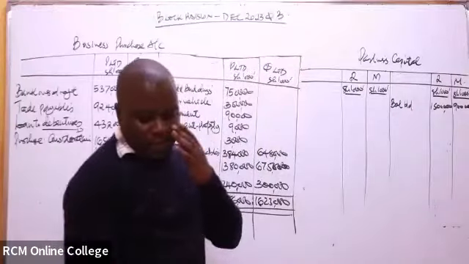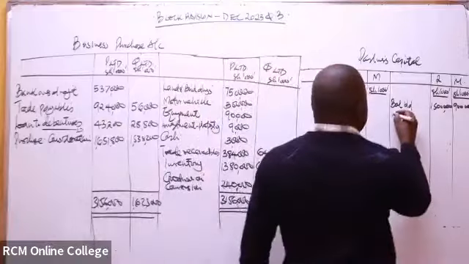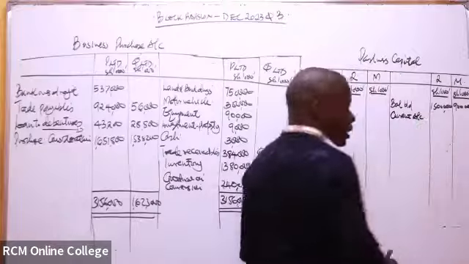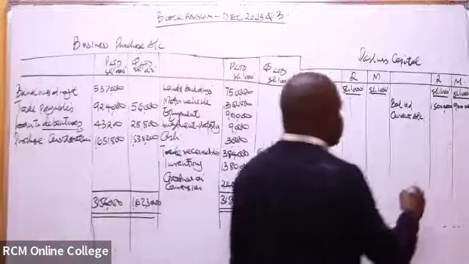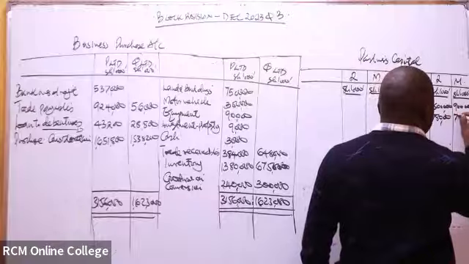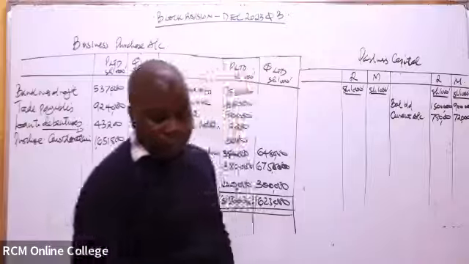Then we also have the current account balances, which you've been given there: 78,000 and 72,000.